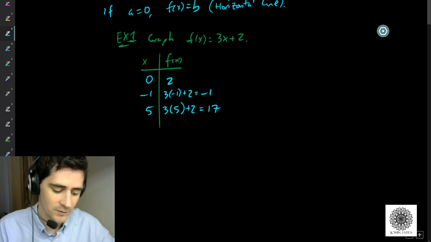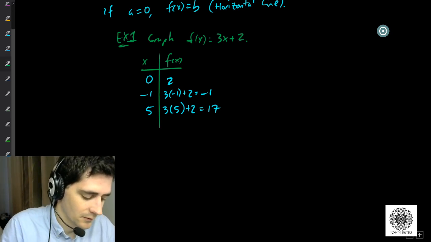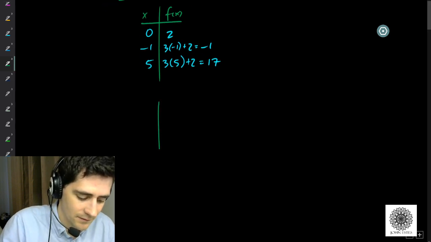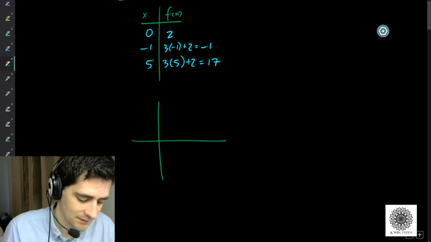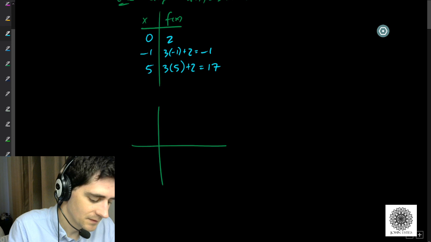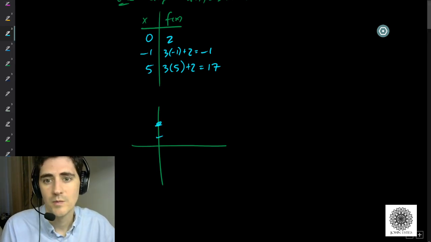And what I'm doing here is creating a list of ordered pairs. Now, we know how to graph a line, right? We've done that before. So if I have my axes like this, the line 3x plus 2 has a y-intercept at 2 and a slope of 3.